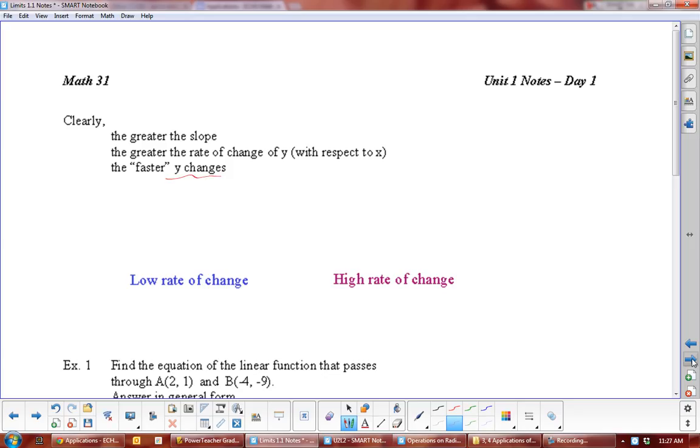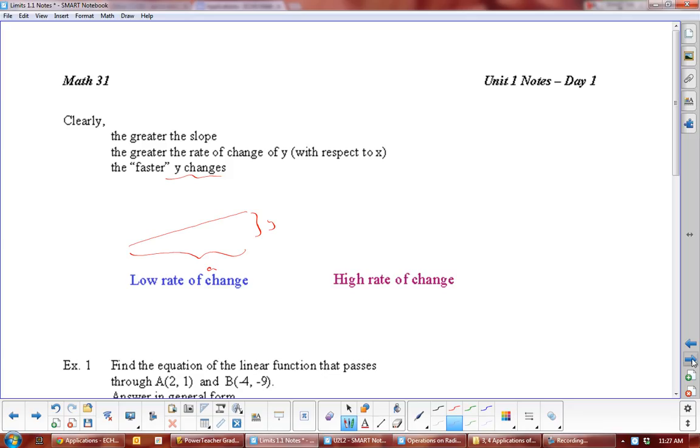So a low rate of change would be something like this. See, x is very large, and y is quite small. So y decreased very little compared to x.